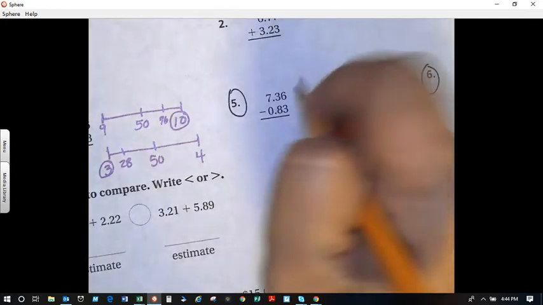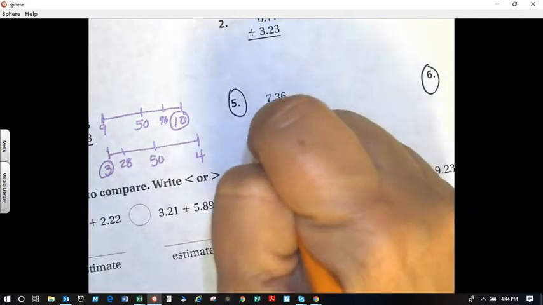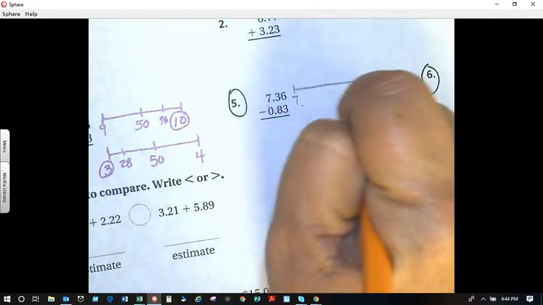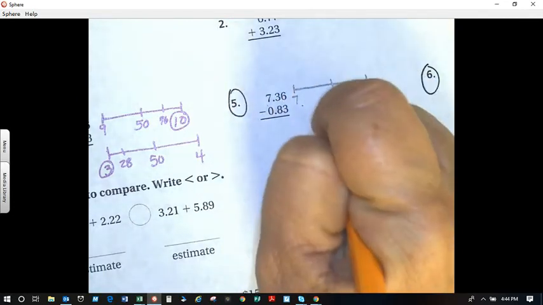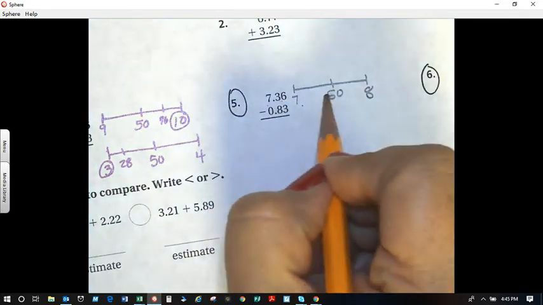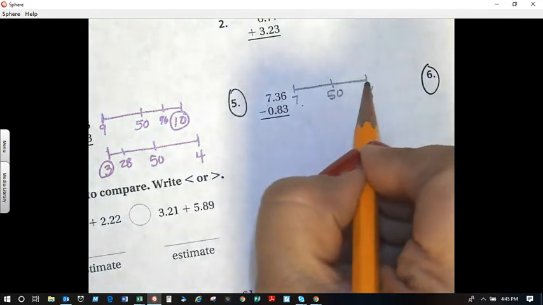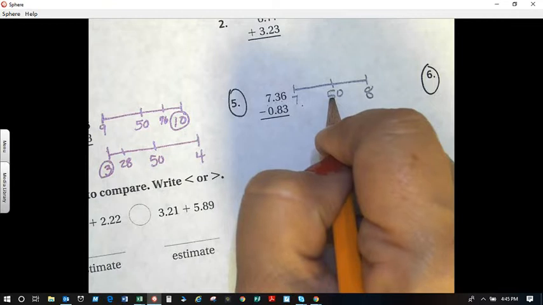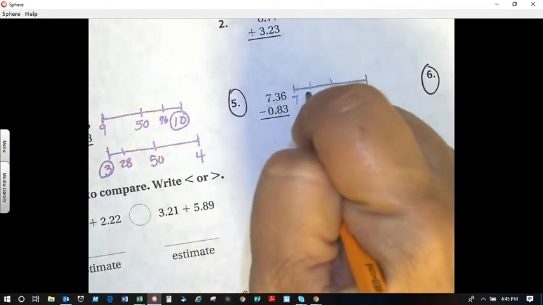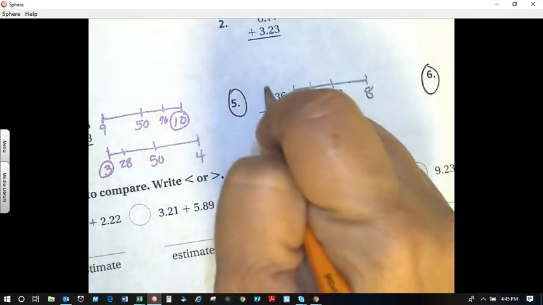All right, we're going to do the same thing with number 5. Again, I'm going to create a number line. Is it going to be 7 or 8? 50 in the middle. Where would I put the 36? Is 36 less than 50 or greater than 50? Yeah, you're right, it's less than, because I have 3 in the tenths place, and then the 50 there. So it's going to be 36 here. All right, and now look at this.